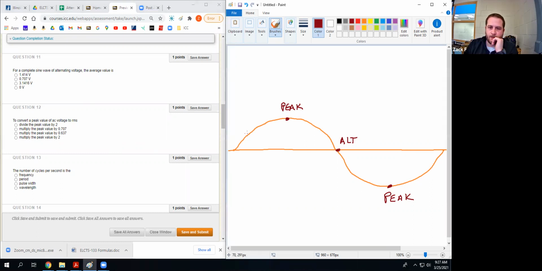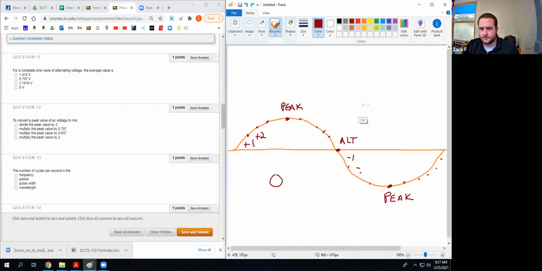Which means if we took a reading here, here, here, here, here, and we averaged them all out, it would equal 0, right? Because if this is plus 1, this is minus 1. If this is plus 2, this is minus 2. So one full waveform would give you an average of 0.